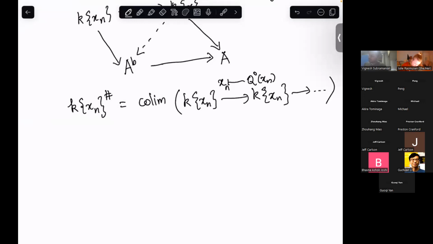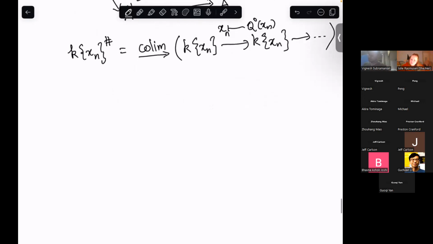So you have to understand what the homotopy groups of the free algebra in degree n are, and then this expression will make sense. There is a class called q0 of x n on the target, and you can freely map into it, and you take the filtered co-limit by repeatedly doing this. In some sense this is an analog of x going to x squared, but for higher degree classes. And this is the idea behind the proof.